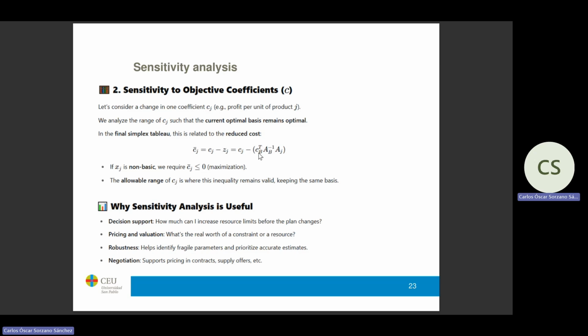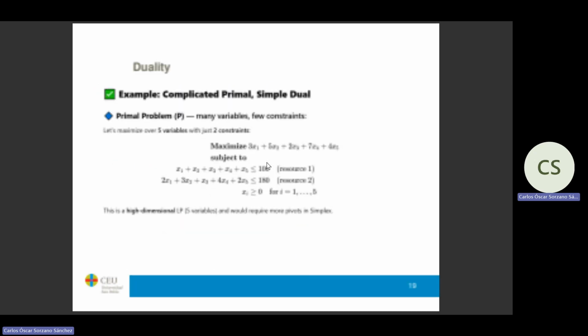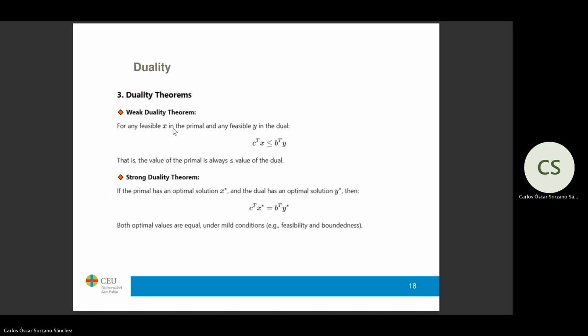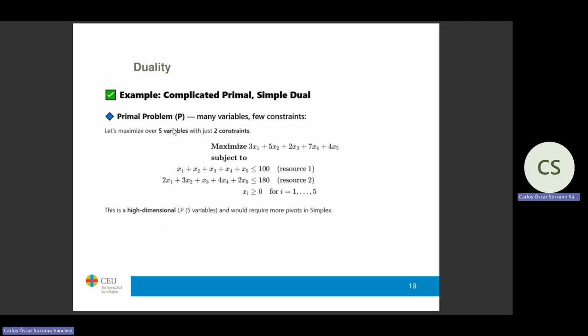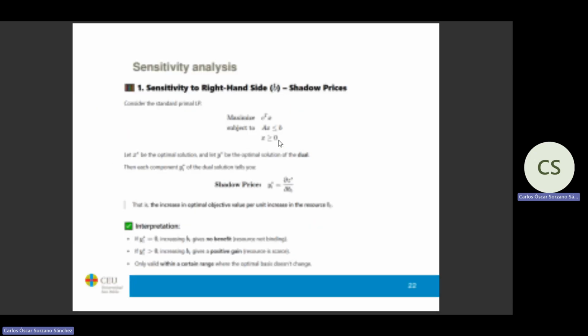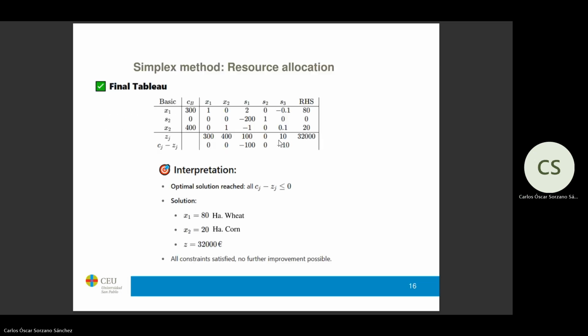But if you want to be general, then it is CB transpose, where CB is the vector of coefficients associated to the basis, times AB inverse. AB is the part of the matrix associated with the basis.